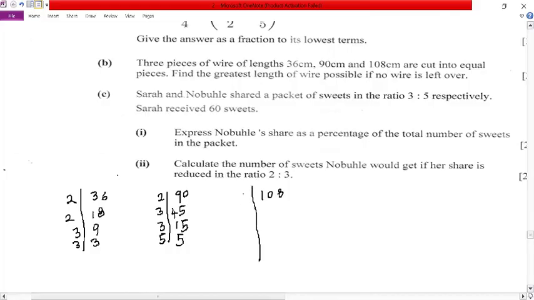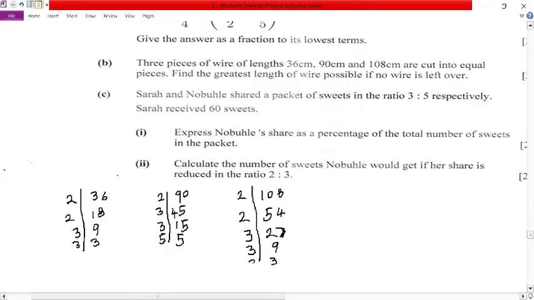Then we move on to 108. We divide by 2, we get 54. We divide by 2 again, we get 27. Then we divide by 3, we get 9. Divide by 3 again, we get 3.